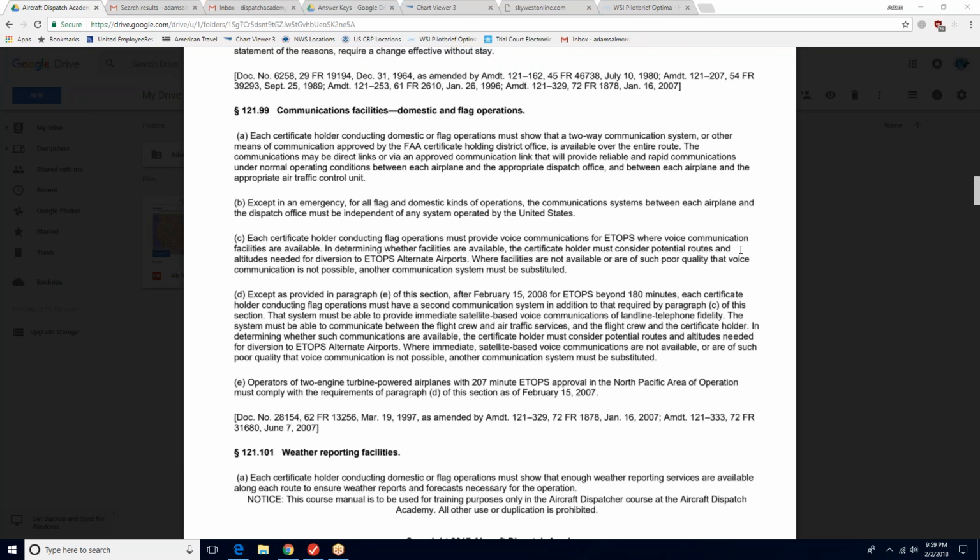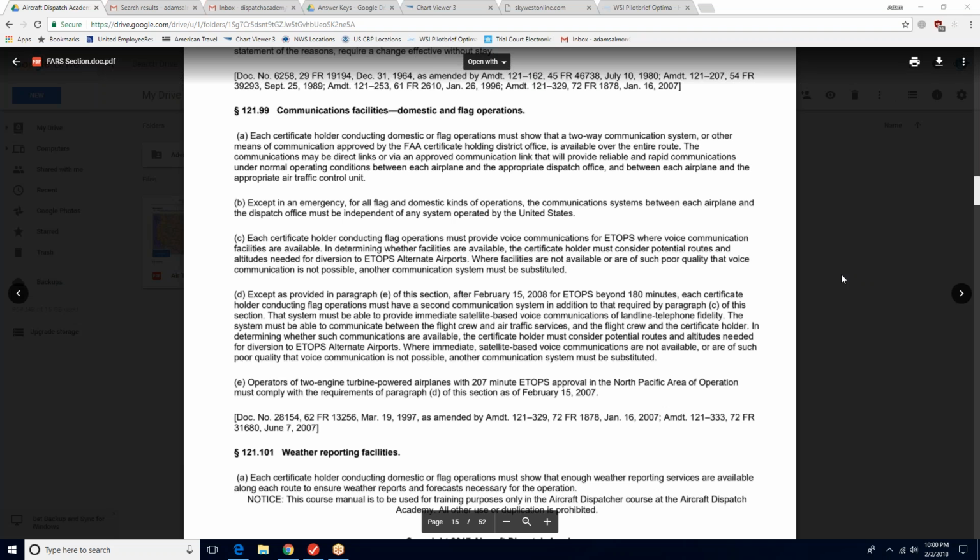The communications may be direct links or via an approved communication link that will provide reliable and rapid communications under normal operating conditions between each airplane and the appropriate dispatch office, and between each airplane and the appropriate air traffic control unit.